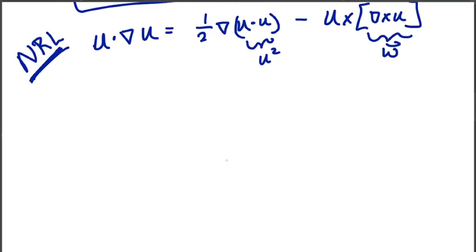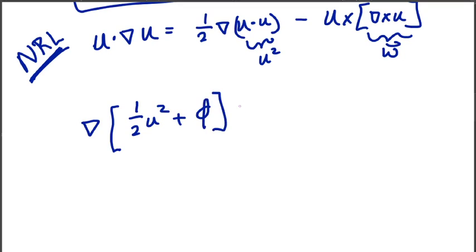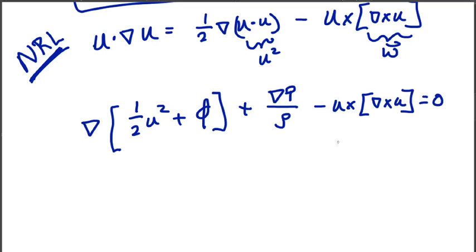So if we now put these into our system, what do we get? Well, as we put these into our system, we get the following. We get that the gradient of, collecting our gradient terms together, 1/2 u squared plus the potential phi plus grad p over rho, and then this term minus u cross del cross u is all equal to 0.